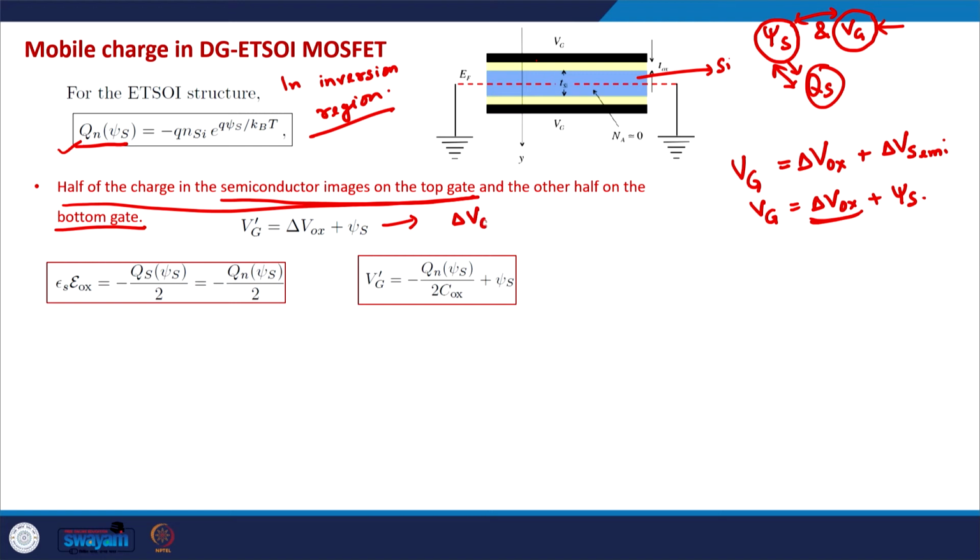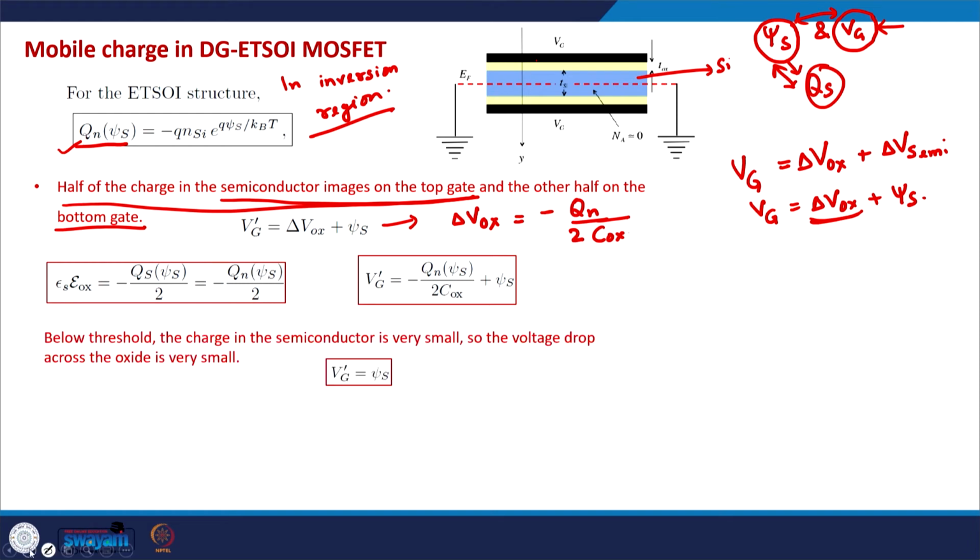So delta Vox is minus Qn by 2 divided by Cox, because Qn by 2 is the charge, and Cox is the capacitance of the oxide on each side. So that essentially gives us Vg prime is equal to minus Qn divided by twice Cox plus psi s.